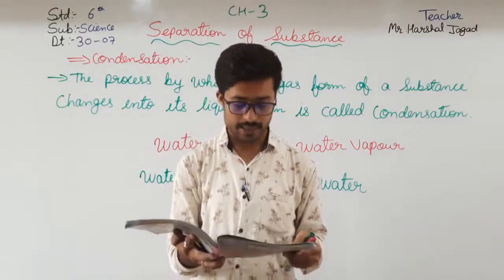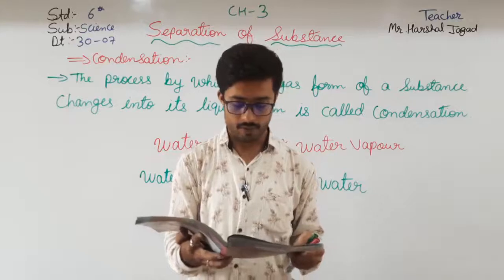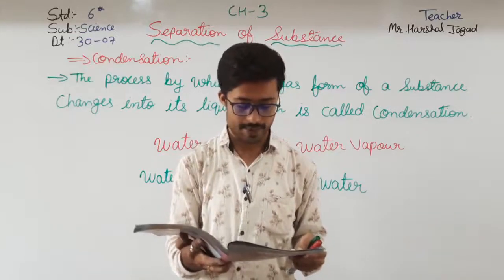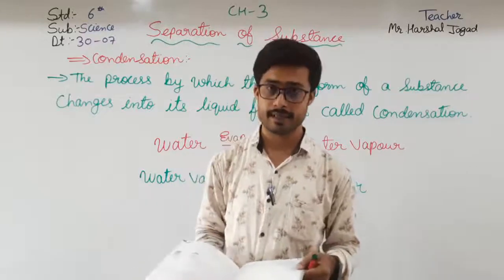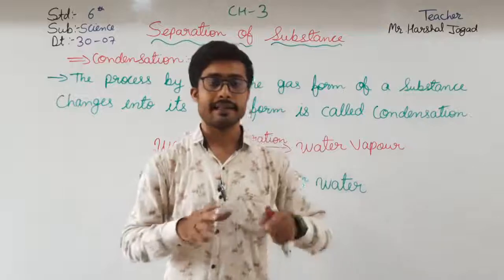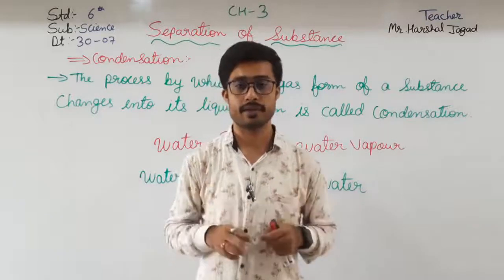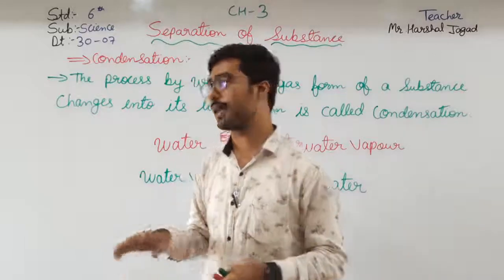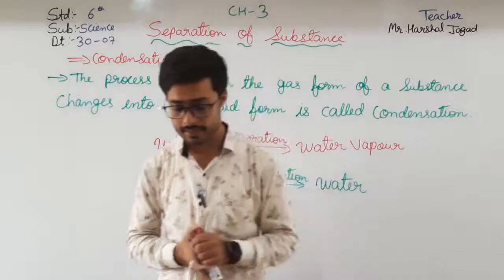Conclusion: water and common salt can be separated from a salt water mixture and collected separately by the process of evaporation and condensation. So to separate the water and the salt from a mixture, by which method? By the condensation process.